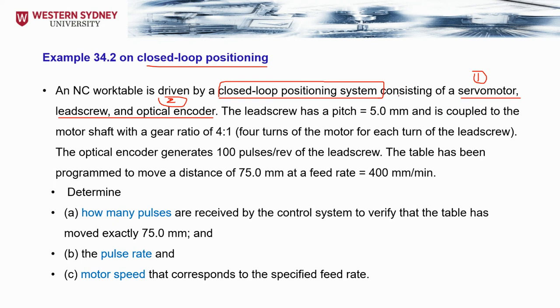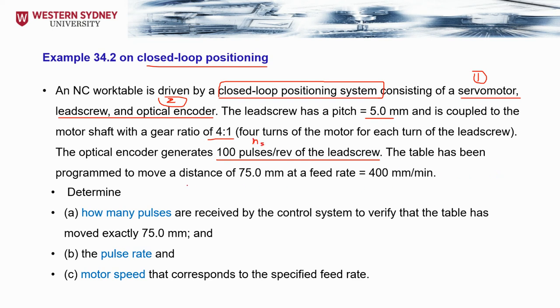Now the lead screw has a P value of 5 millimeters, coupled to a motor shaft with a gear ratio of 4 to 1, so RG is equal to 4. The optical encoder is 100 pulses per revolution of the lead screw, so we have NS is 100.